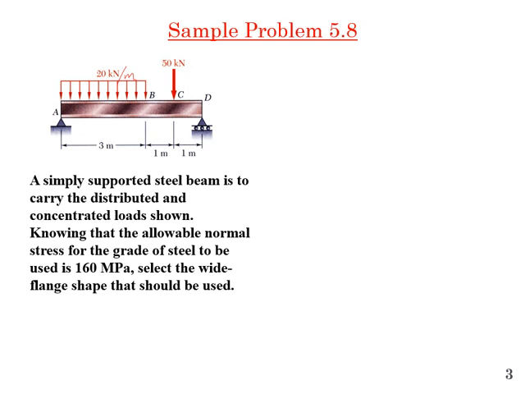We have a 50 kilonewton load acting in the downward direction over here, and we have supports at A and D. It's a simply supported beam with a distributed load and a concentrated load.